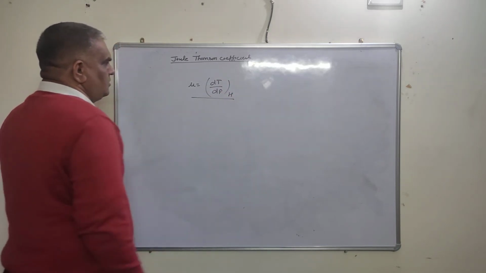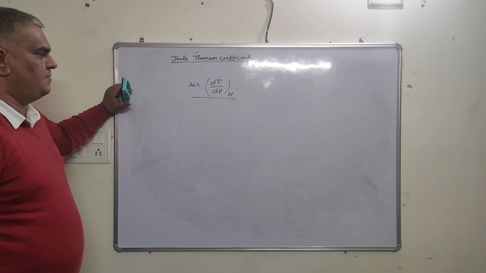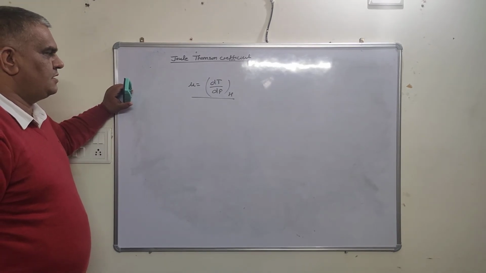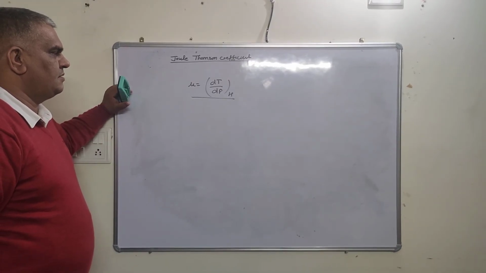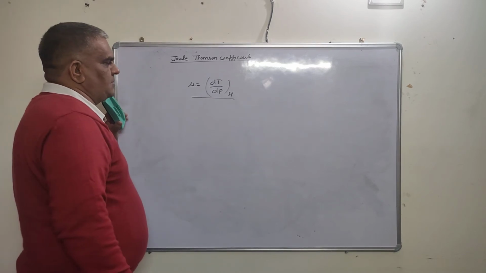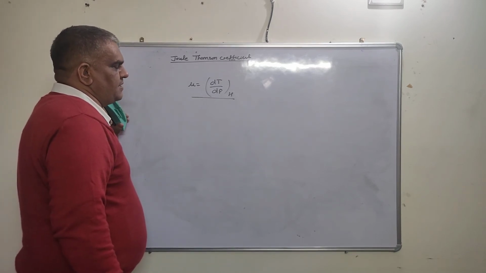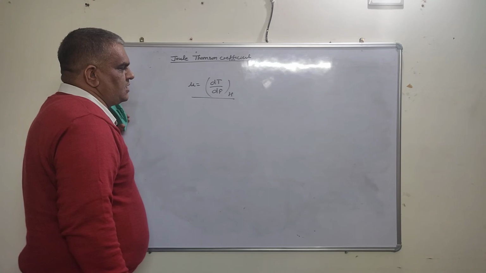The Joule-Thomson coefficient may be defined as the temperature change in degrees per atmosphere of pressure decrease when gas expands under the condition of constant enthalpy.